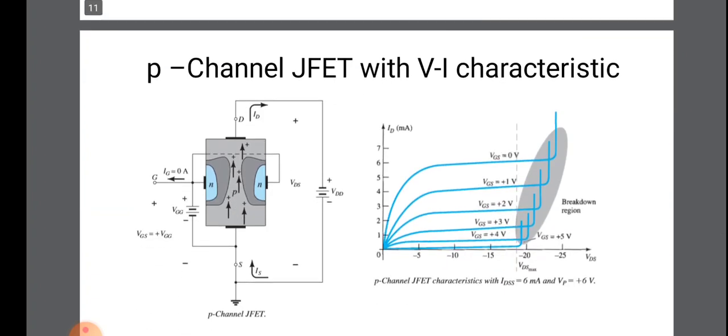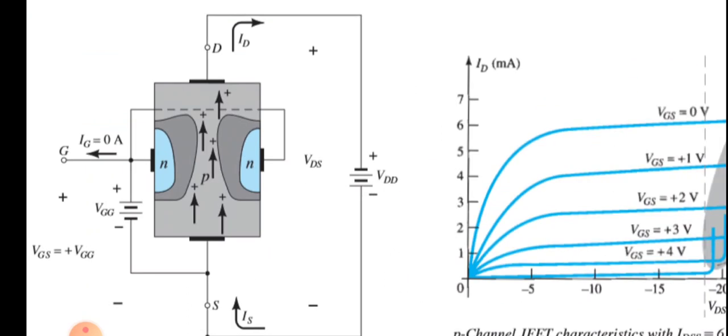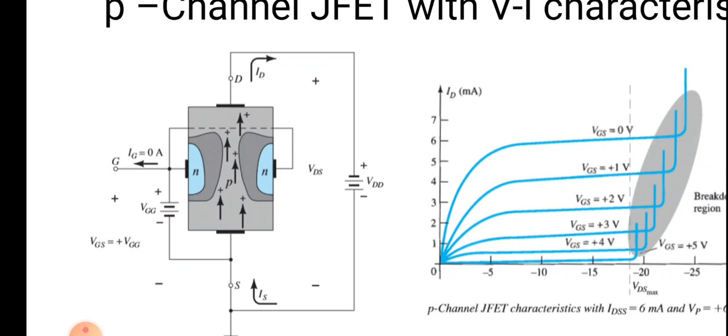So here is the structure of the JFET, the biasing, that is, the application of the potential. Here you can see that the channel is now not P but N type, and the controlling regions are of P type material. Of course, if you want to reverse bias the gate to source region, the potential applied should be reversed, opposite of the earlier case.